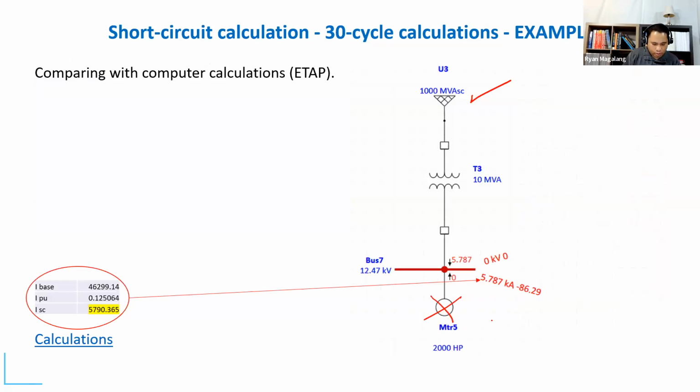So we now have 5,790 amps in manual calculation, or 5,787 using ETAP. So now we can clearly see the transition from half cycle, which is the highest fault magnitude, to the 4 cycle, which is slightly lower, and to the 30 cycle, which is the lowest steady state fault current, at which time only your utility is contributing to the fault.